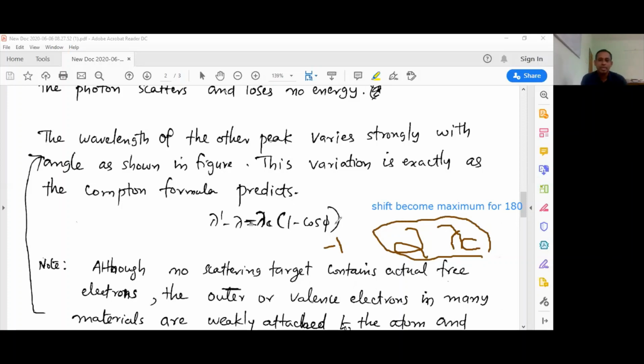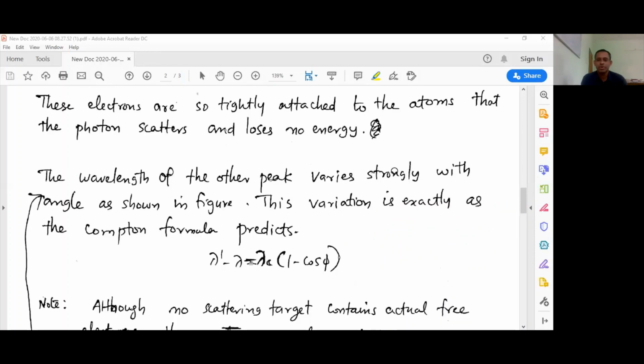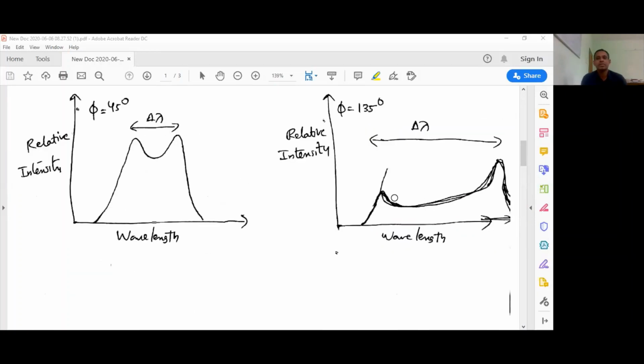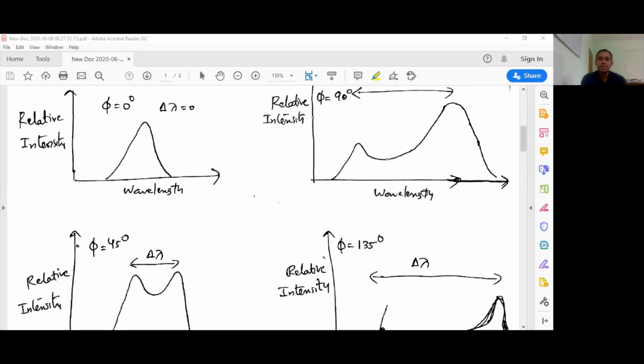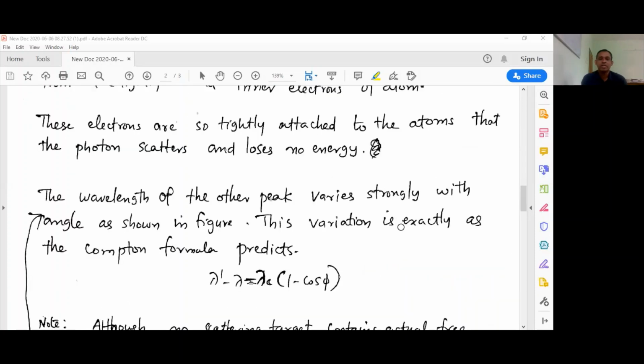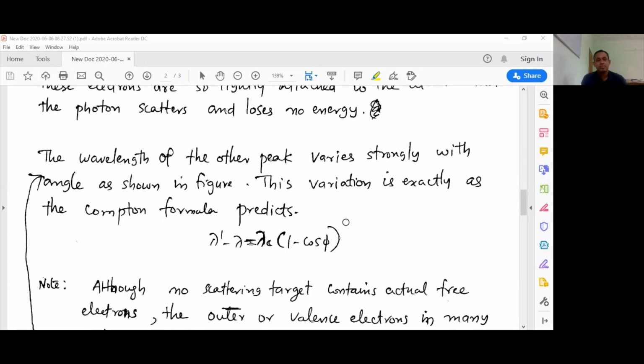So this is what we observe. The experimental curves that we get exactly verify the Compton equation, obtained by considering light as particles or photons.